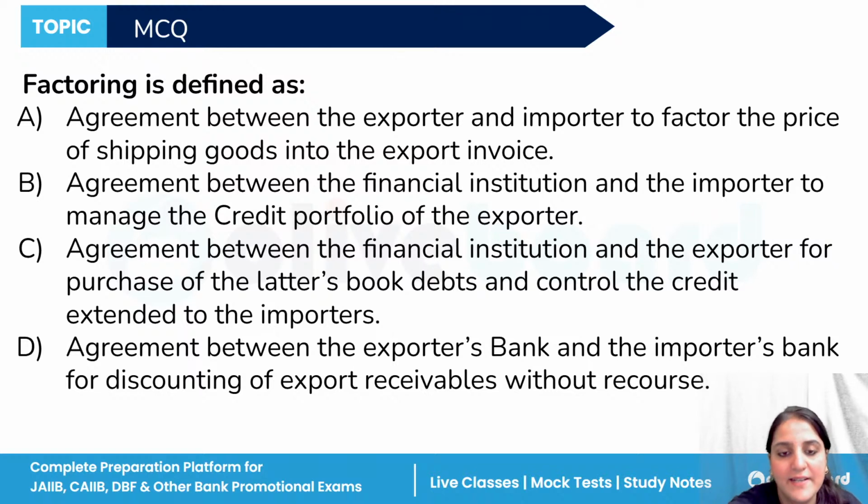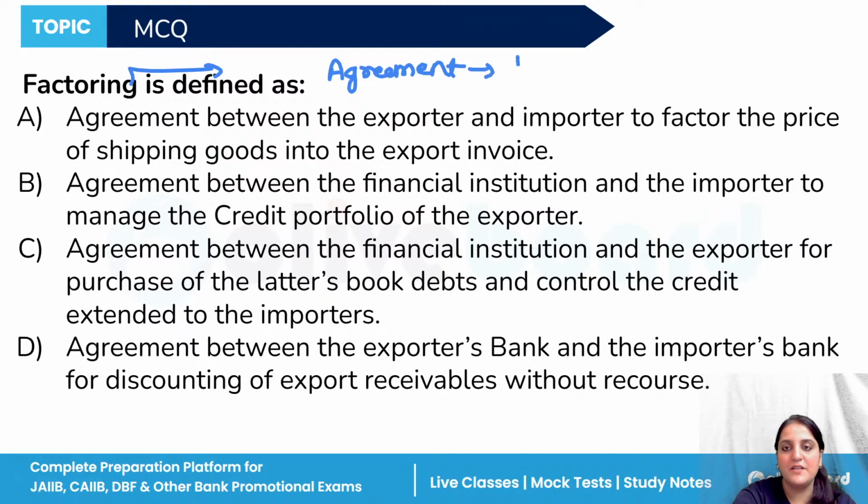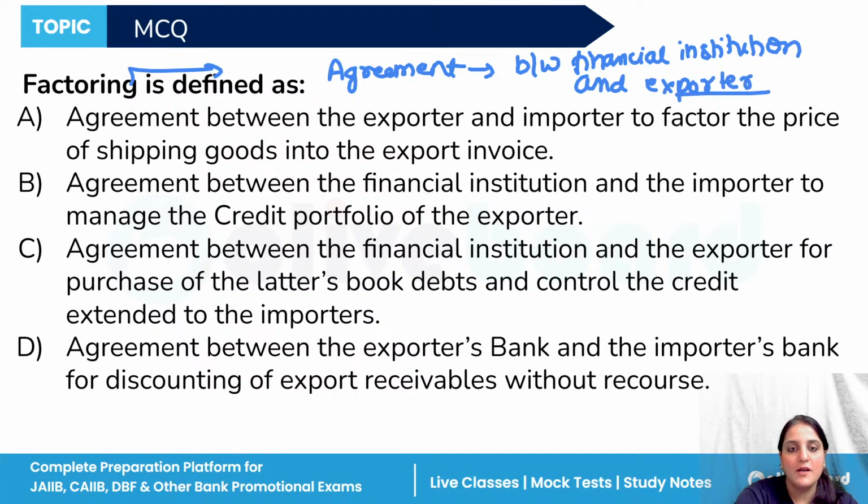Factoring is defined as, what is factoring? This is the agreement between the financial institution and the exporter for purchase of the latter's book debts and control of the credit extended to the importers.